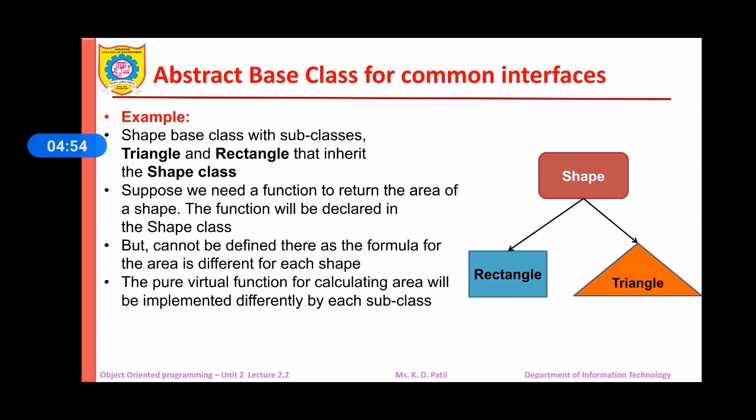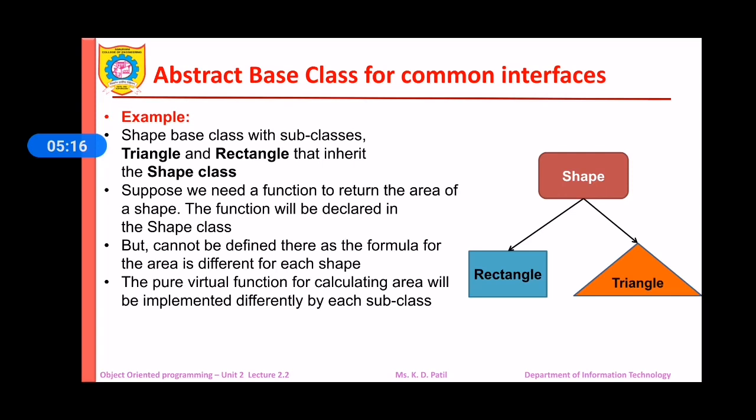Why? Because rectangle and triangle have two different formulas to calculate their areas. So if we write a definition of the area in the Shape class, it will not be feasible to use for both the Rectangle class and the Triangle class.